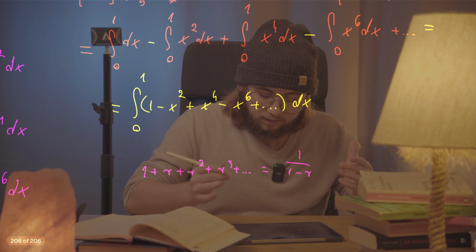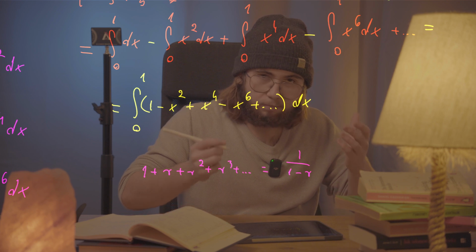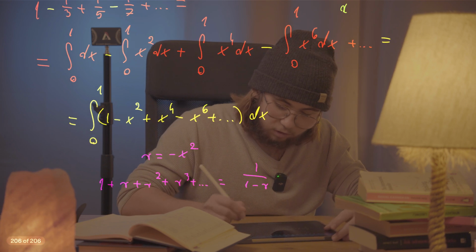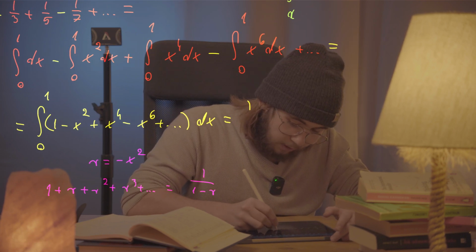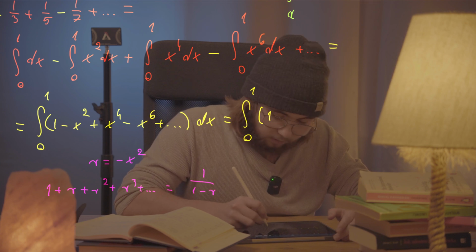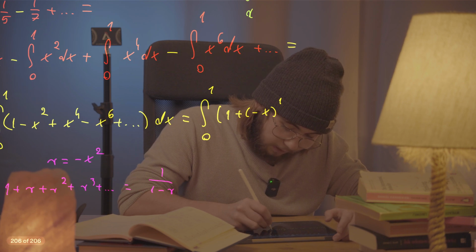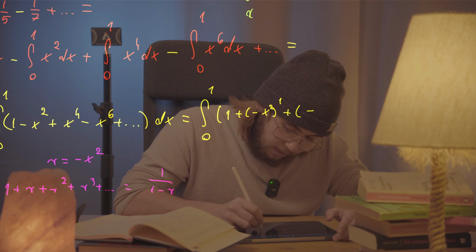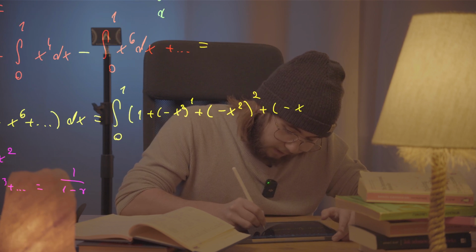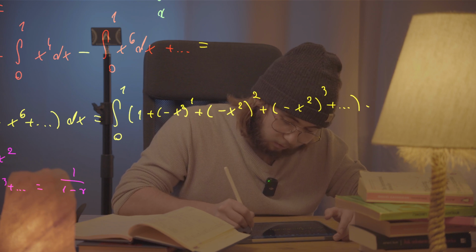Yeah, and now we can use this formula in order to calculate what we've got right here, because this is pretty much the same sum, but we've replaced r with negative x squared. I could just go on and rewrite this entire integral as the integral between 0 and 1 of 1 plus negative x squared to the power of 1, and then plus negative x squared to the power of 2, and then plus negative x squared to the power of 3, and so on and so forth up until infinity.